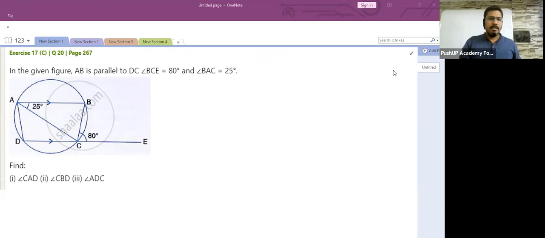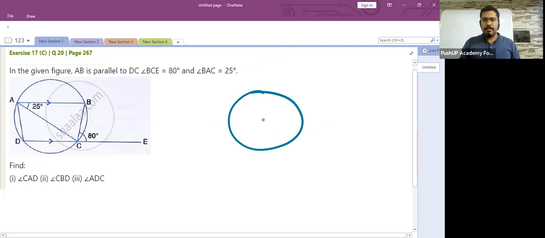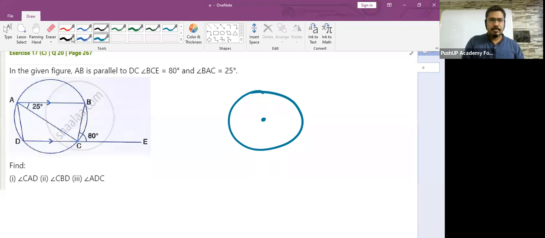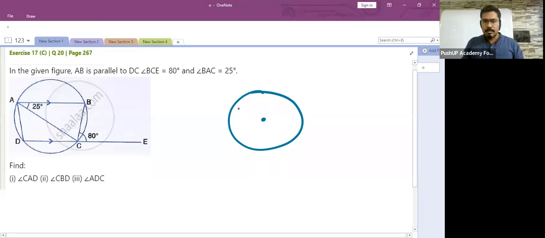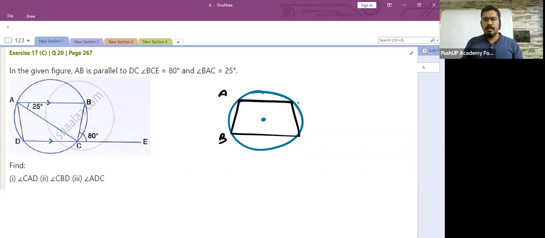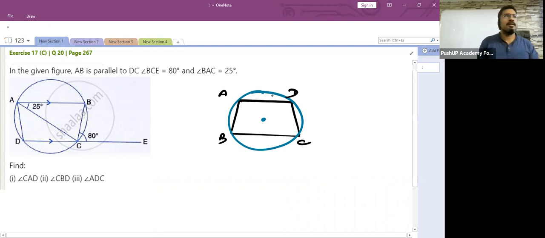Okay, children, suppose I give you a circle like this with a cyclic quadrilateral. Imagine A, B, C, D is the cyclic quadrilateral.